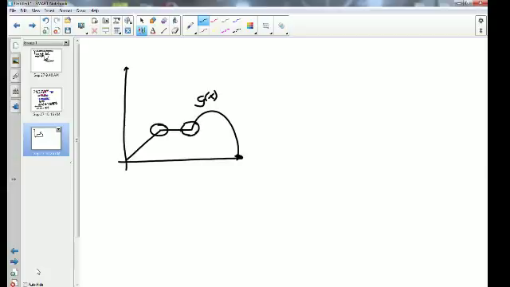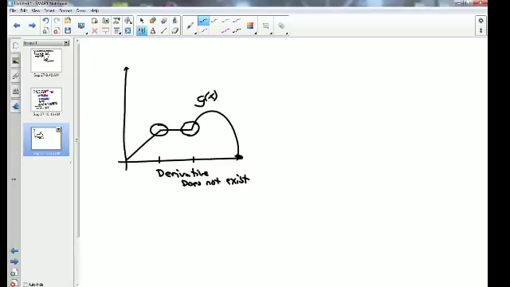Those two spots where the derivative does not exist. So if we're thinking in terms of slope, if I come from this direction, the slope's positive, right? And if I come to here, the slope is 0.